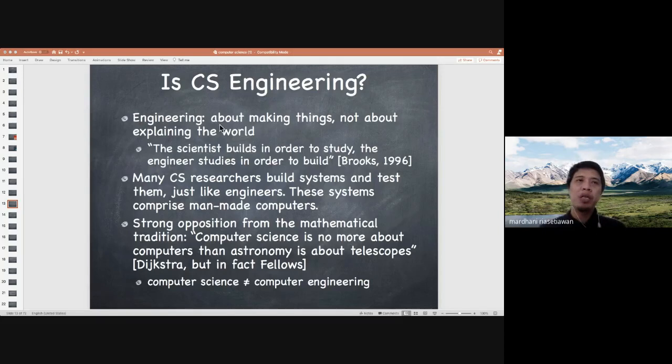So that will be engineering, because we will also discuss practical things, the functional elements, and other aspects. And many computer science researchers will build a system and then test the system as such, just like engineers.